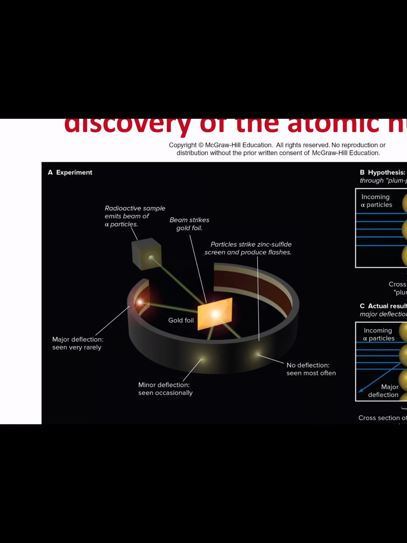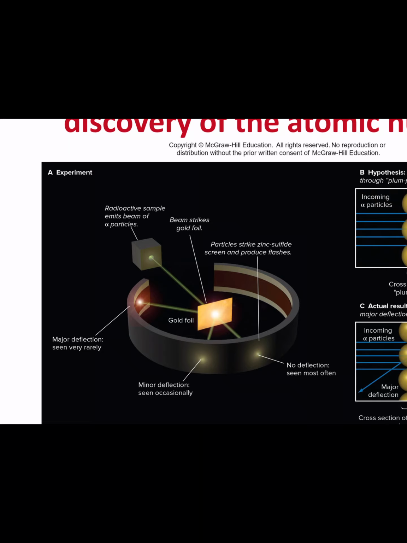Since alpha particles are positive and the nucleus also has positive charge, when an alpha particle hits the nucleus it bounces back, because like charges repel. But most of the time alpha particles went through, meaning that there is empty space inside the atom.